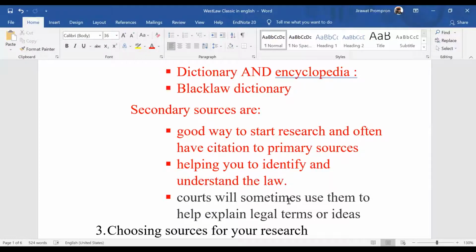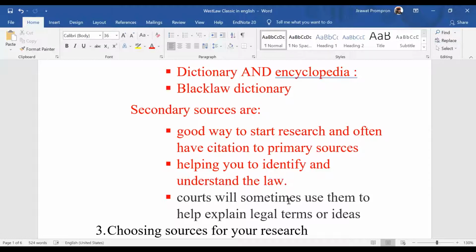So you want the definition of geographical indication, or GI, but you don't know the related cases that talk about geographical indications.